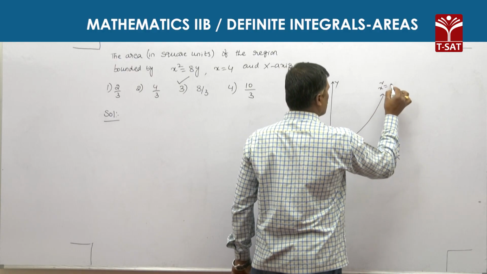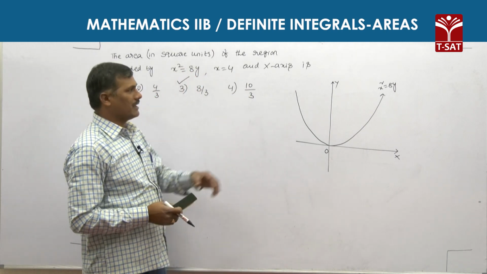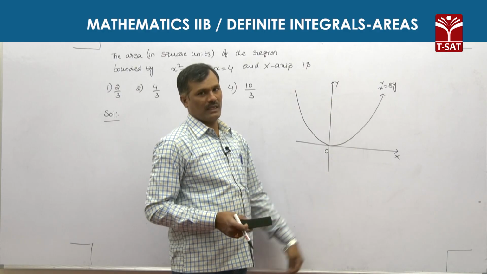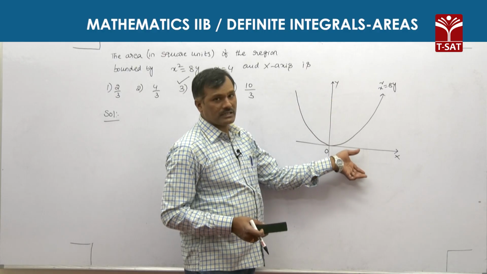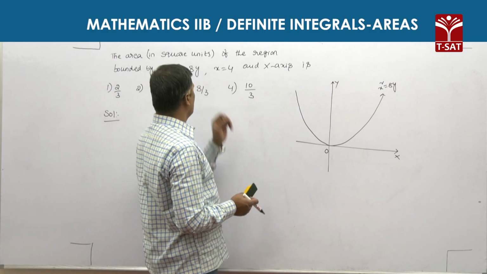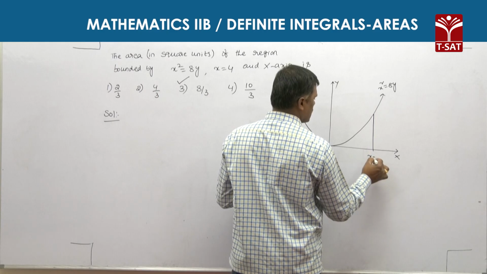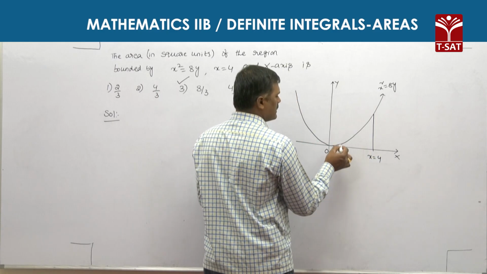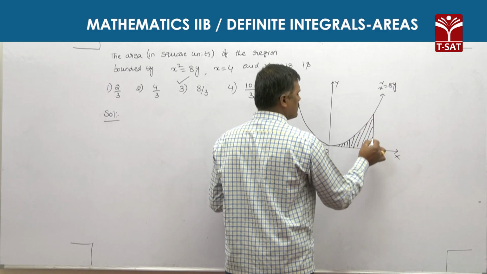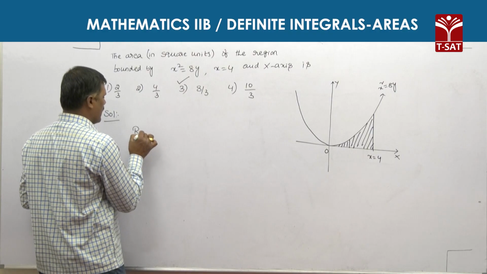You know that in a parabola, even power of x is symmetrical about the y-axis, even power of y is symmetrical about the x-axis, and x is equal to 4 is given. And the required area is integral of 0 to 4, required area.